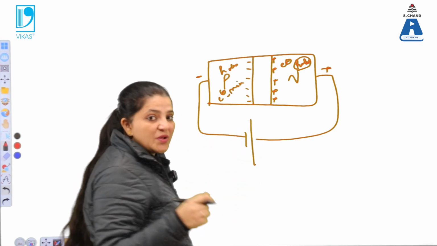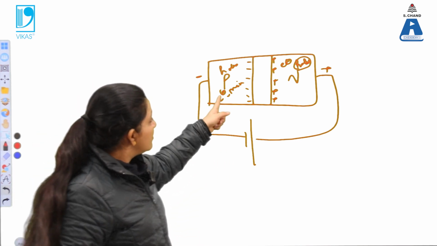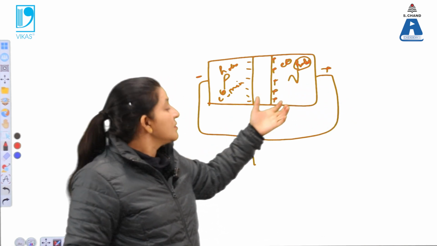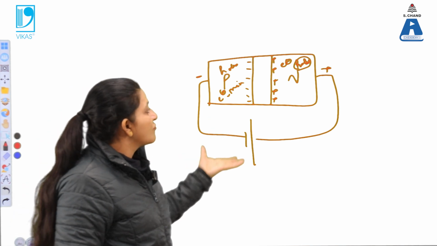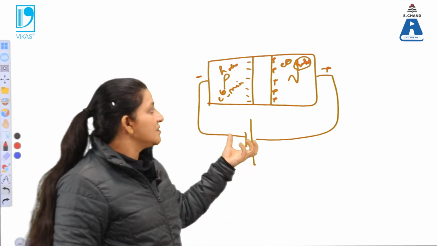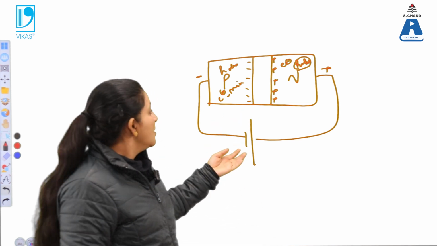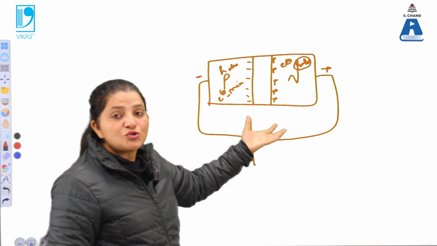Minority means they are also present in a very small amount. These electrons can move from P to N, but their amount is very small, so that's why a smaller amount of current will be present in the device when it is in the reverse bias condition. So on further increasing this voltage, there is no current.